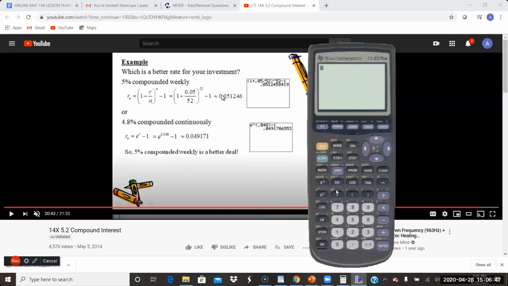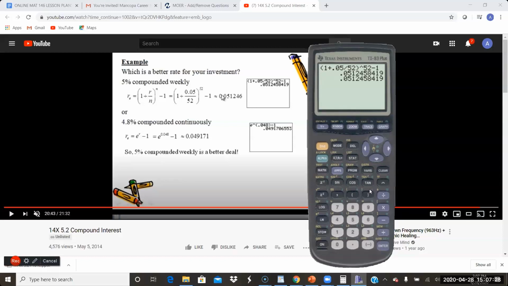Okay, so I have parentheses, 1 plus 0.05 divided by 52, and parentheses. And then I take that to a power of 52, and then I subtract 1. Okay, and that's what I have. It matches what he has in the video. And that's for the top case.